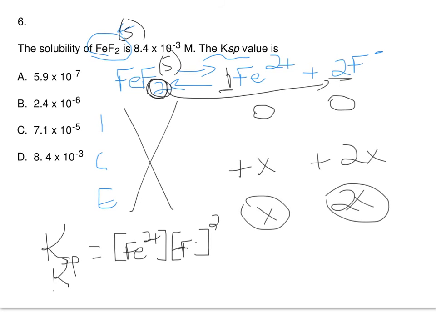For solubility. Now, some of you fell into the trap and you didn't realize what this number was. Solubility, remember, is a molarity. It is not Ksp. Okay, solubility is not Ksp. So don't plug it in for Ksp.